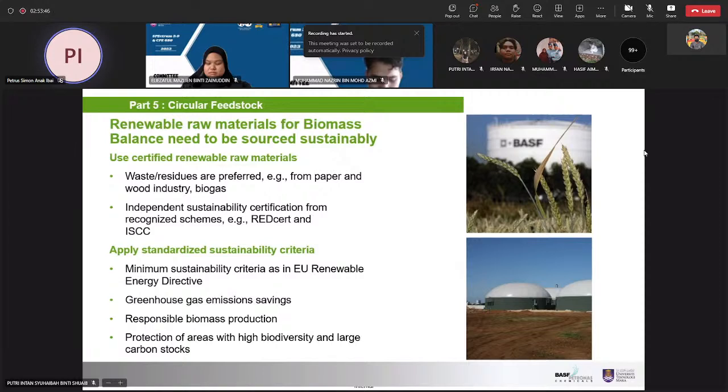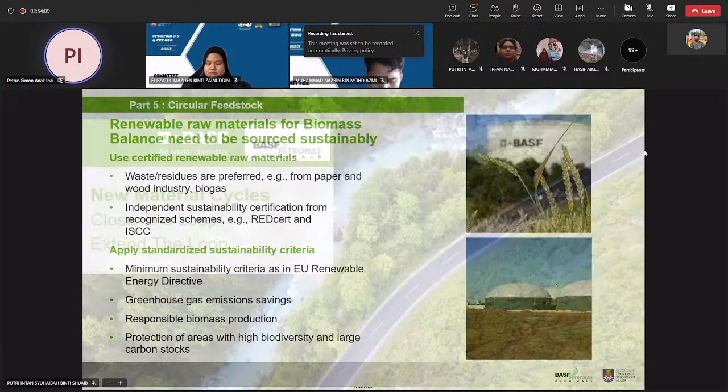This is according to the minimum sustainability criteria in the European Union Renewable Energy Directive. And we go for greenhouse gas emission savings, responsible biomass production, and also the protection of areas with high biodiversity and large carbon stocks. All right, for the next one, we're going to go for the new material cycles.